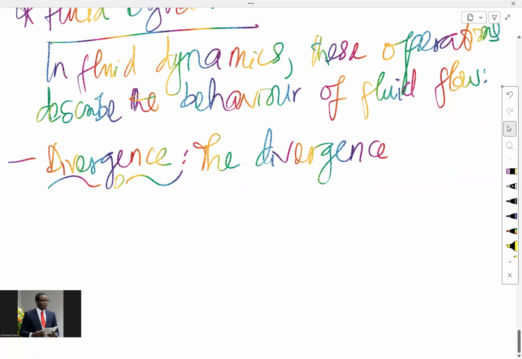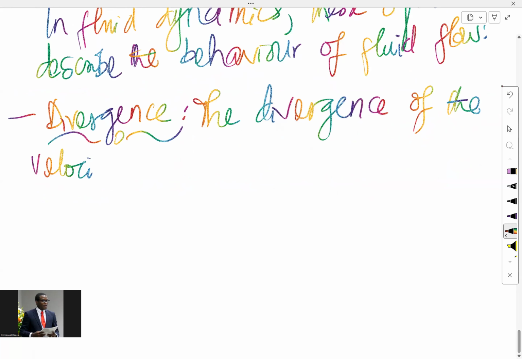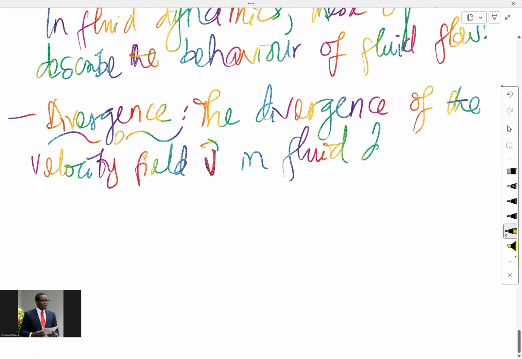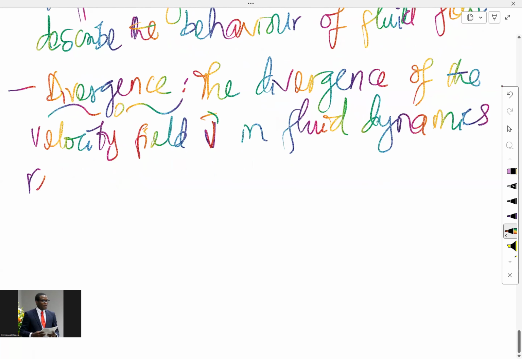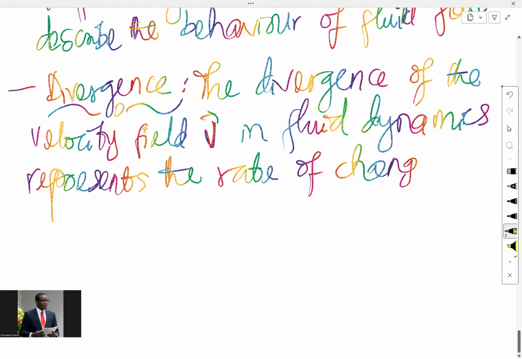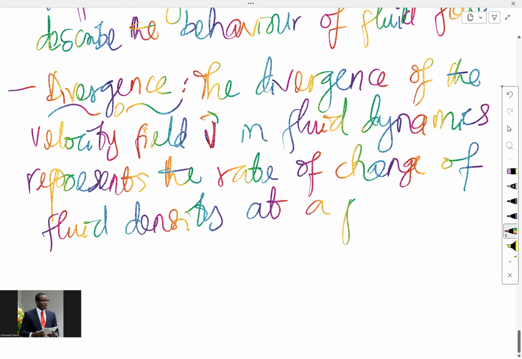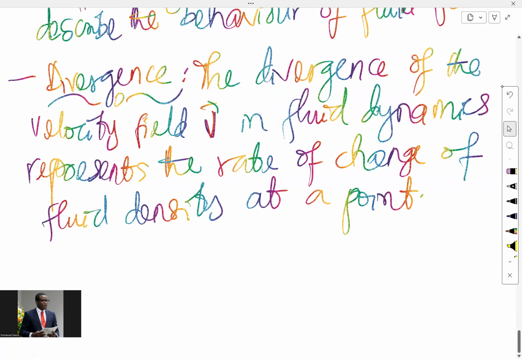The divergence of the velocity field V, the velocity in fluid dynamics, represents the rate of change of fluid density at a point.